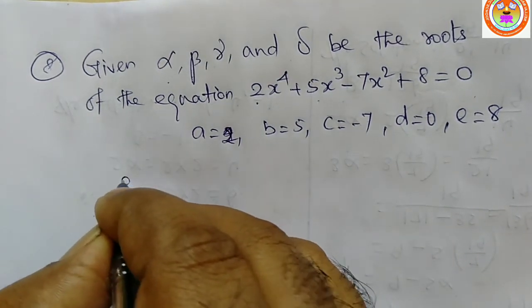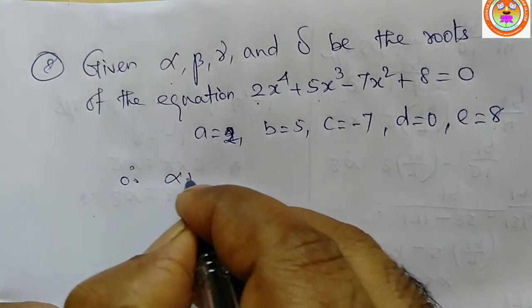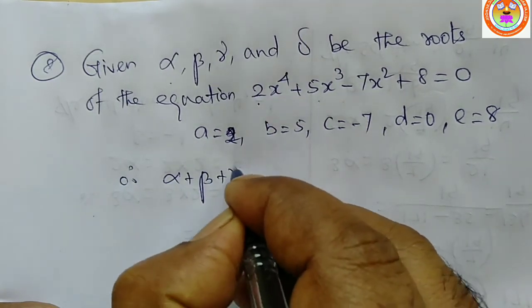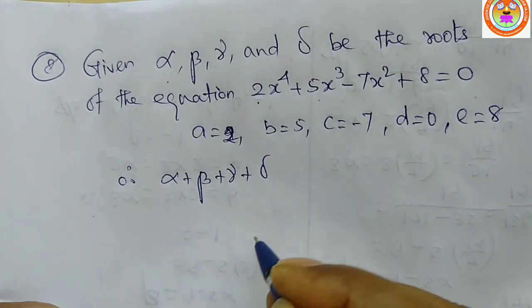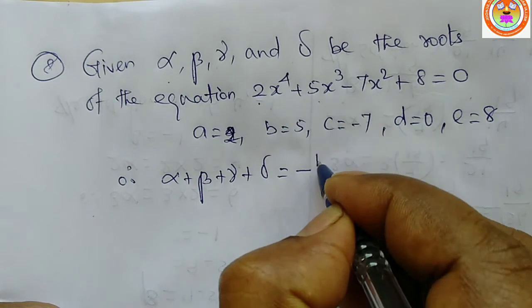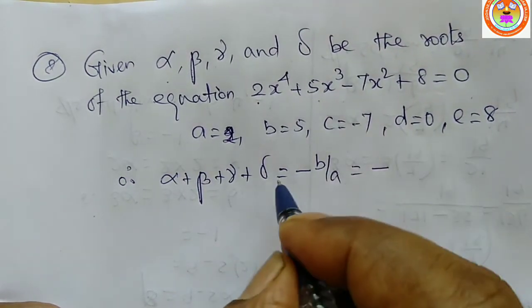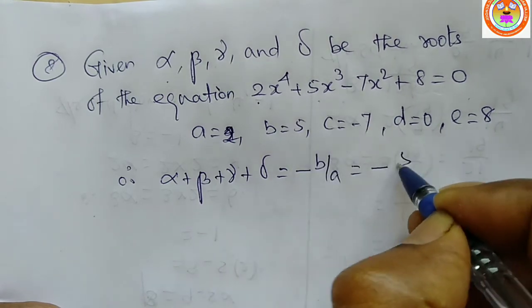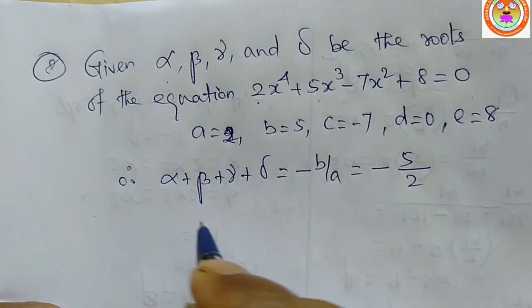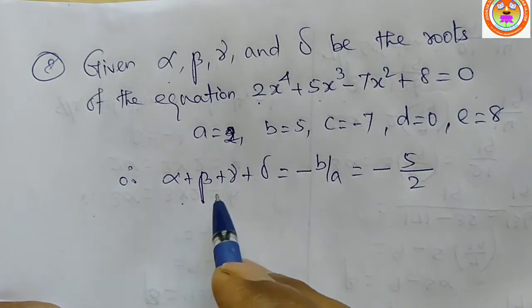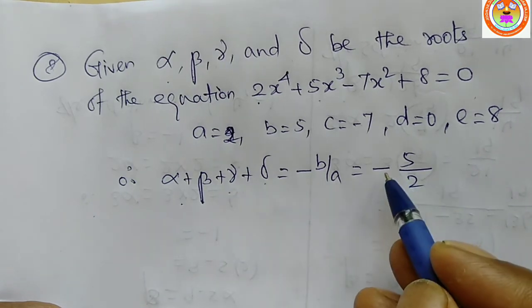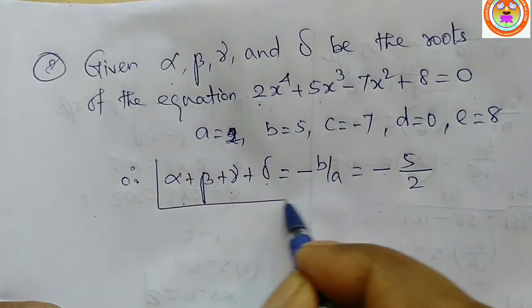So S1 means alpha plus beta plus gamma plus delta, that is equal to minus b by a, that is minus 5 by 2. So alpha plus beta plus gamma plus delta is minus 5 by 2.